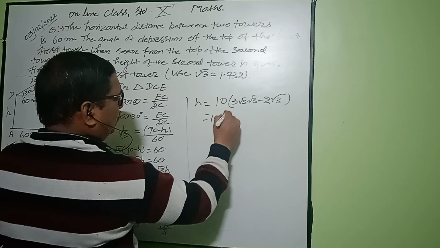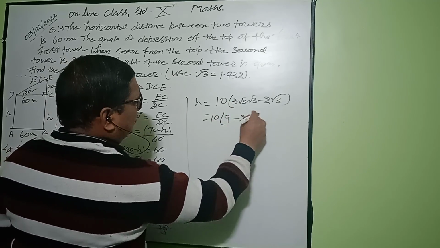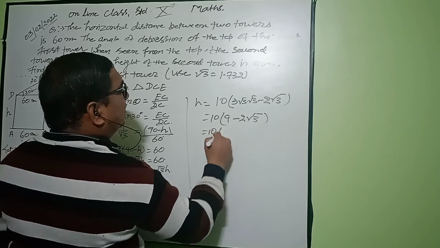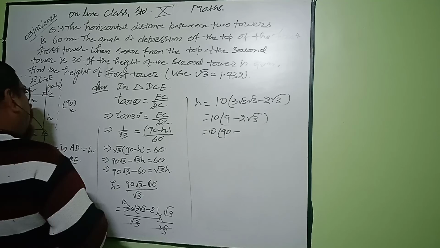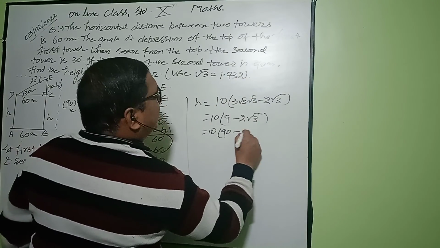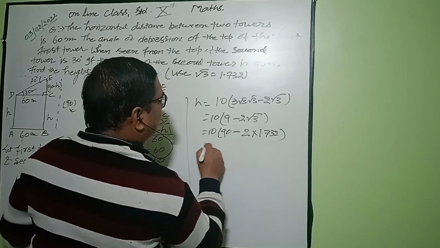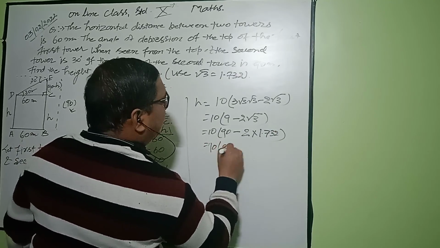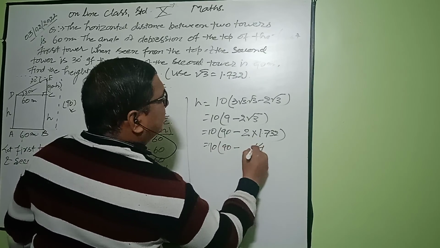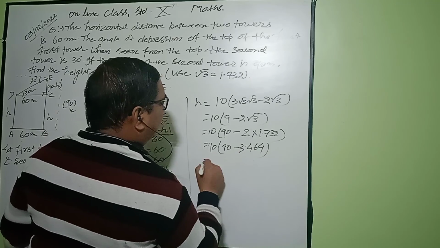Then 10 into 9 minus 2 root 3. 10, 9 minus root 3. The value of root 3 is 2 into 1.732.